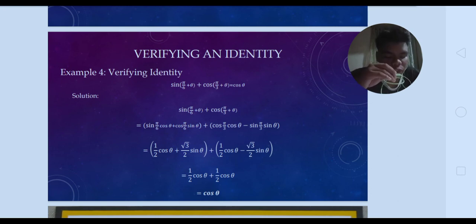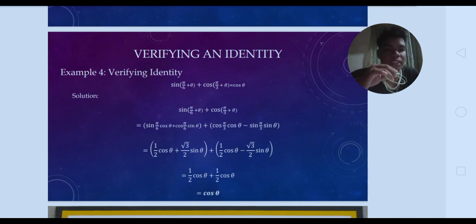And then we substitute the known values: sine pi over 6 equals 1/2, cos pi over 6 equals square root of 3 over 2, cos pi over 3 is 1/2, and sine pi over 3 is square root of 3 over 2. And then we simplify. Then it is 1/2 cos theta plus 1/2 cos theta.